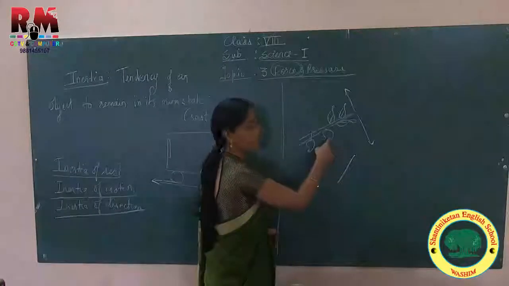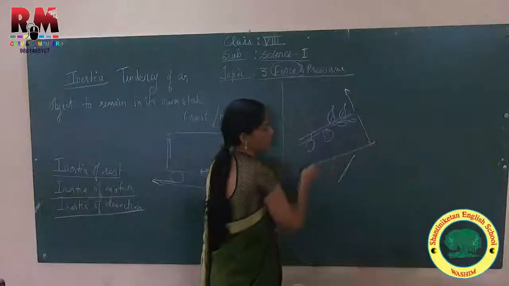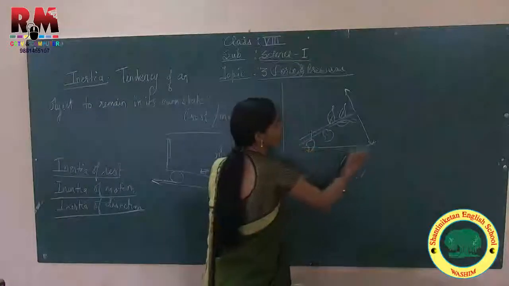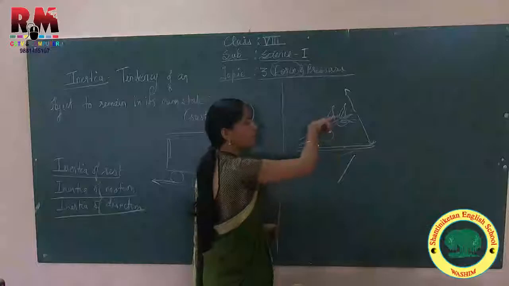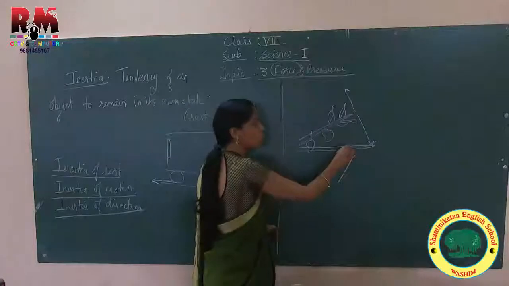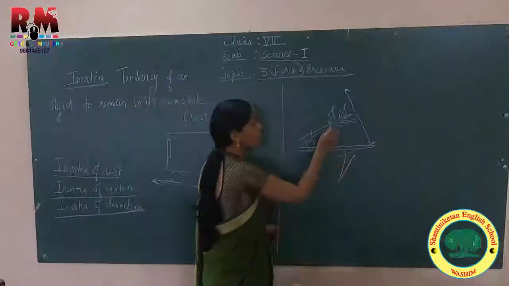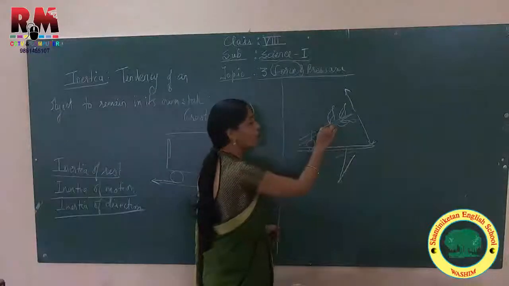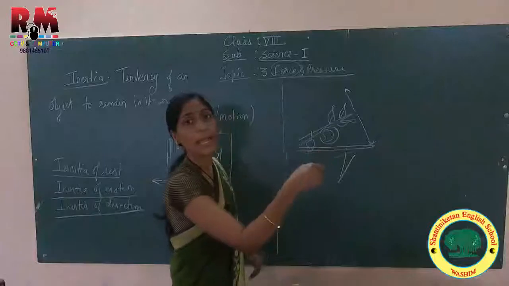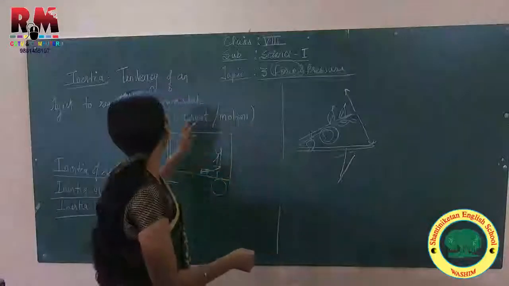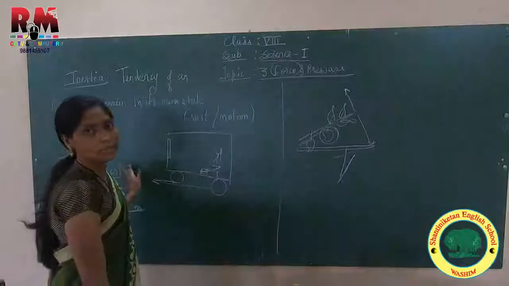From exactly this position. Suppose this is the original position of this branch. What I did, I am shaking it, moving it. When I am moving, it should fall from here. No, but where is it falling? From here only. Why? Because it is still at rest, or its tendency is to be at rest. So this is called inertia of rest.